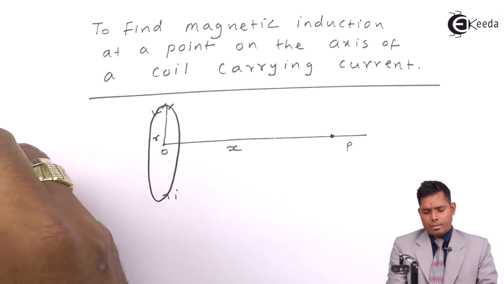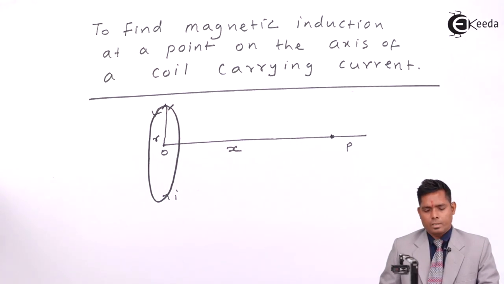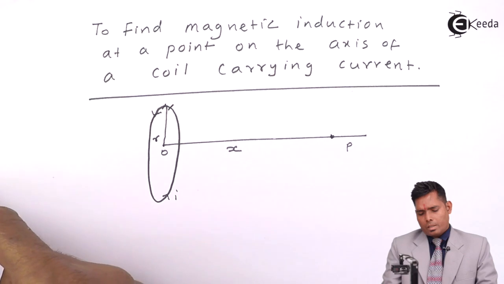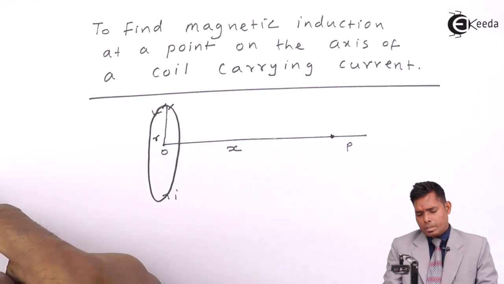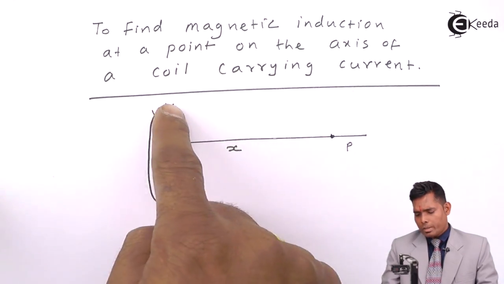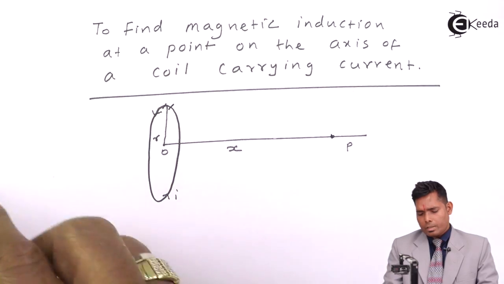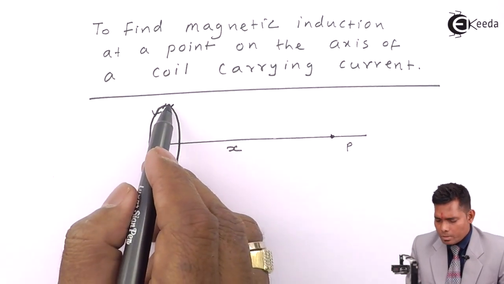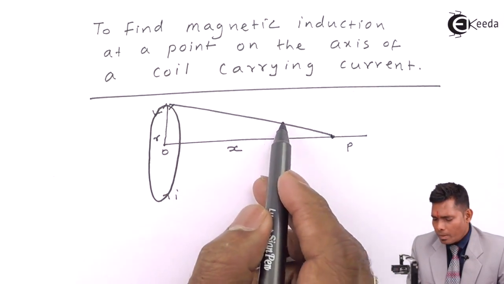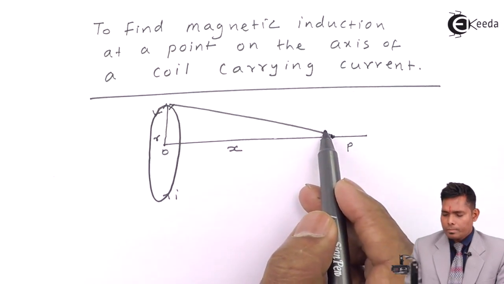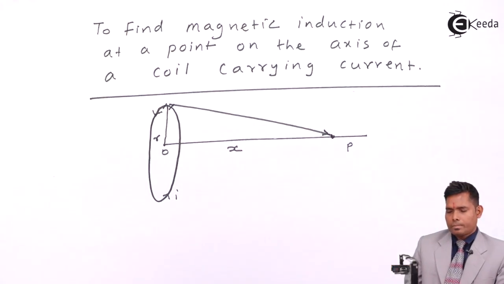This is the dl vector. And from the center of this element to the point, I will join a line. That is the r vector. So this is my r vector.